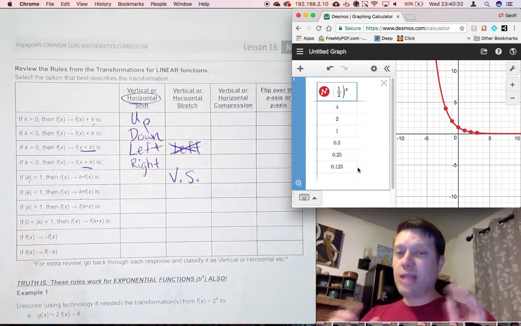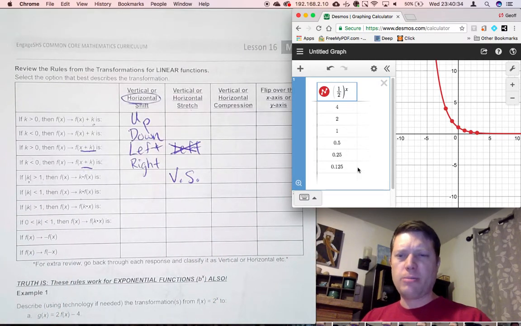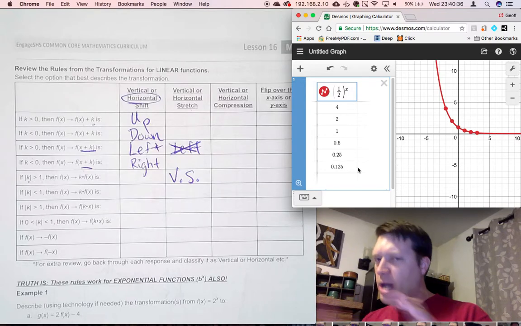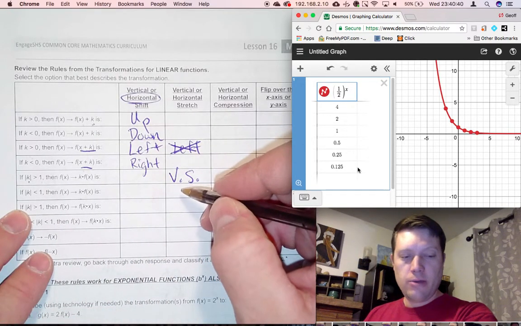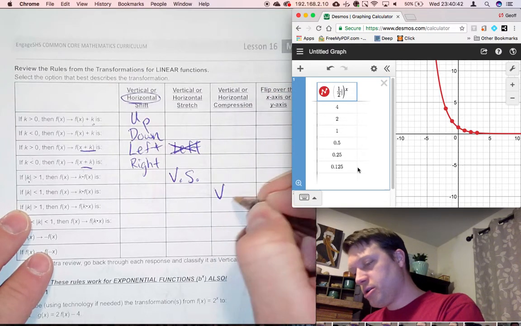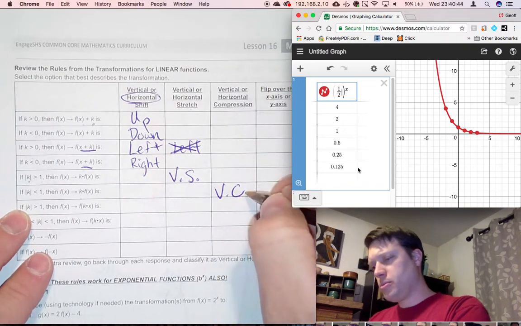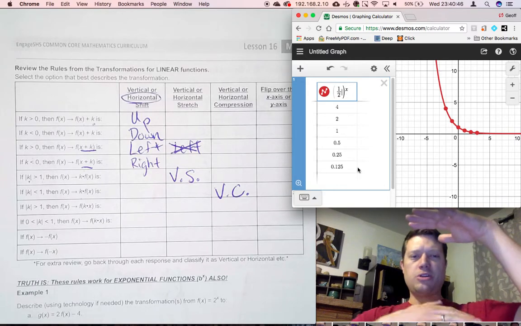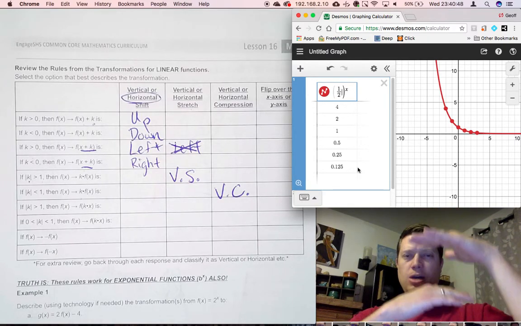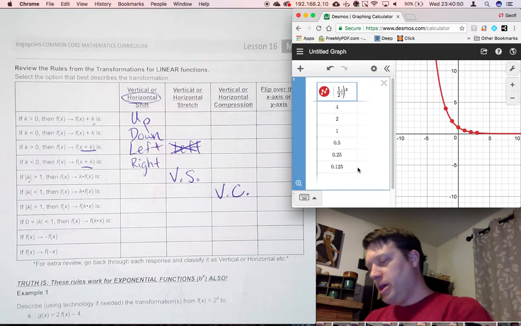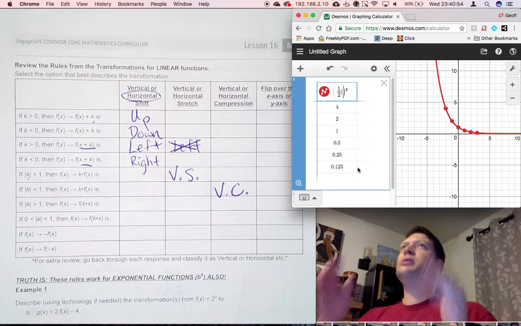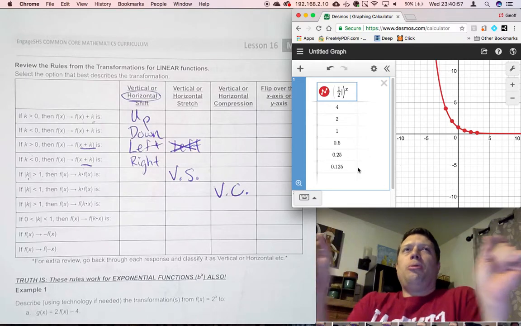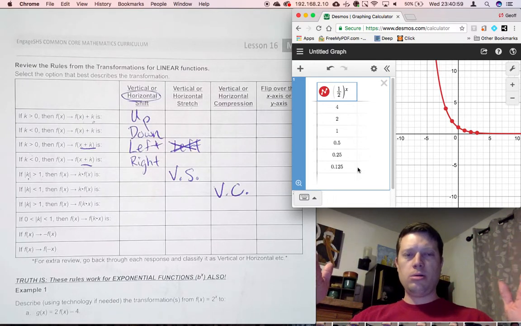Well, if k is less than 1, so specifically between 0 and 1, but neither of those two numbers included, then we're actually talking about a vertical compression. What I'm saying is we're taking the function at every point and we're squeezing it down, pushing it down together. If k is greater than 1, so it's positive, then k times x, you're going to take every x value and you're going to pull it wider.